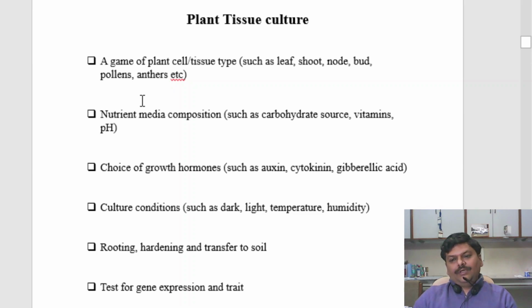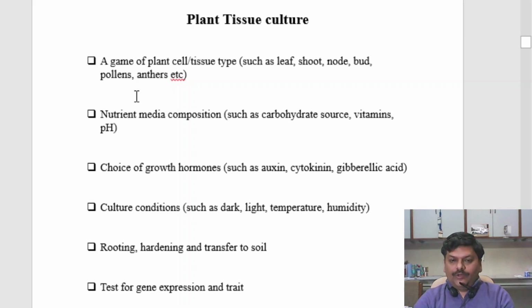So when we say plant tissue culture, as I have just shown in that picture, plant tissue culture is a game of plant cell tissue type, collectively called explant, which can be of leaf, shoot, node, bud, pollen, anther, or in another way, any plant part or group of cells. Then we need to have an important nutrient media which is a source of different types of nutrients. Say for example, as humans, we need different types of nutrients.